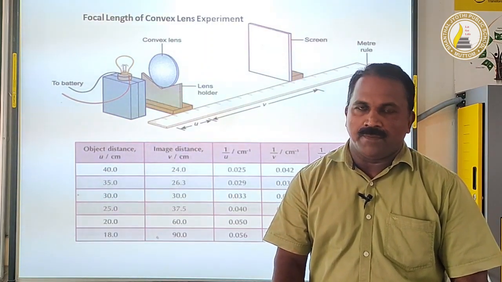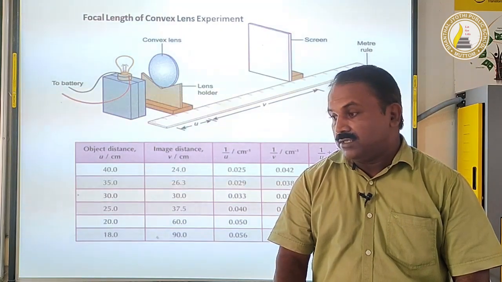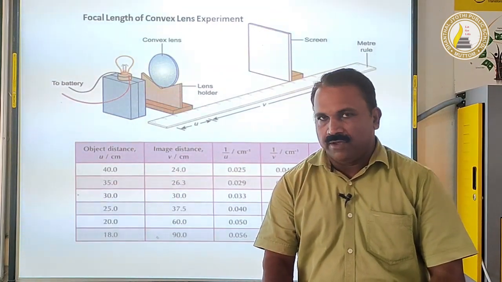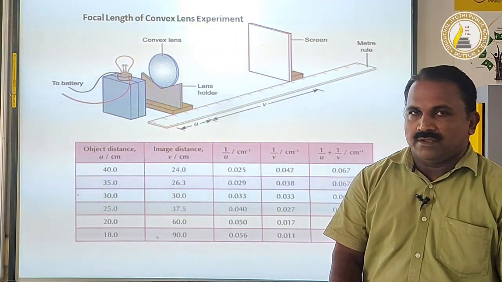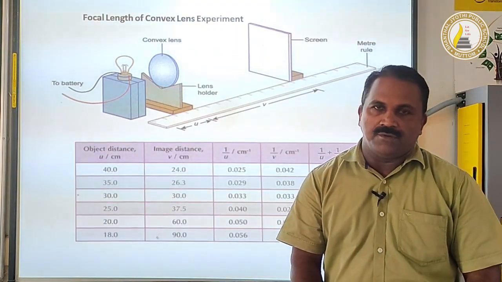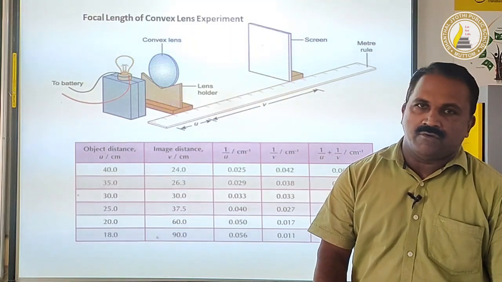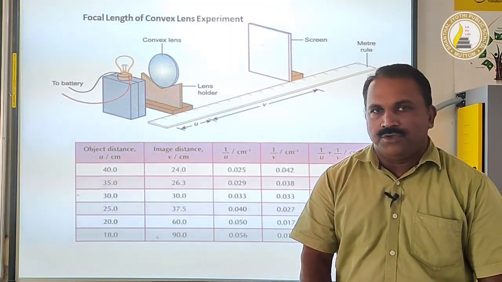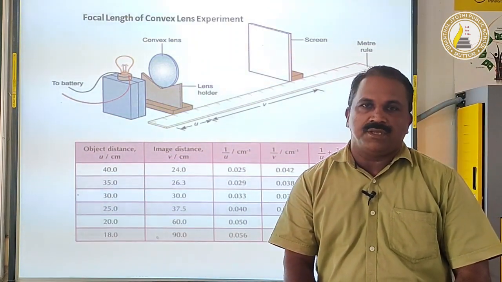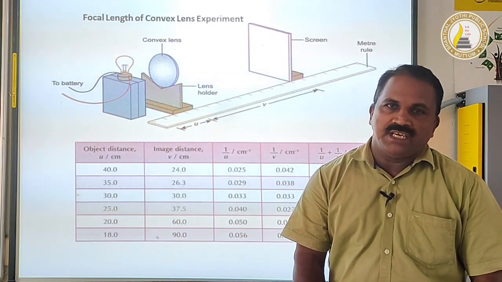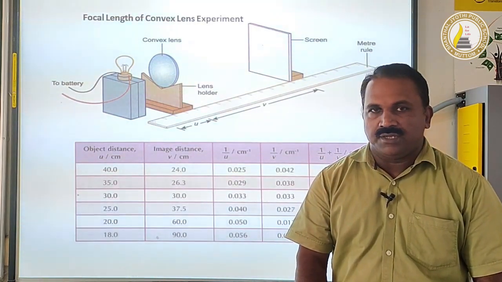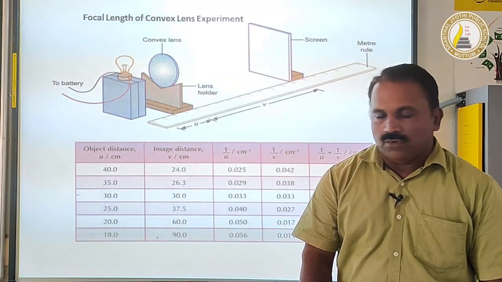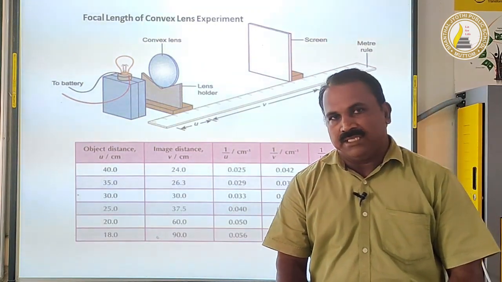Also you have to remember how to find out the focal length of a given lens. For that we have one formula: 1/f = 1/u + 1/v. You know u means the distance between object and lens, and v is the distance between lens and the image.